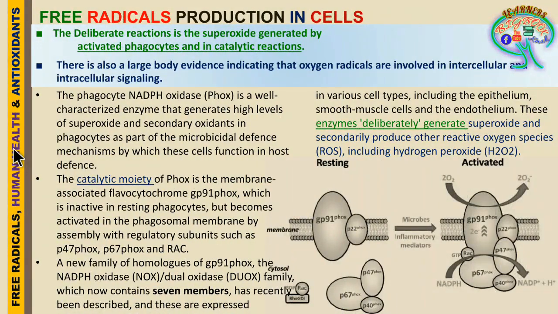So here, the enzyme phagocyte NADPH oxidase, which is shortly called FOX, is going to characterize the generation of high levels of superoxides and secondary oxidants, which will be responsible for the microbicidal defense, acting as the host defense against infections.